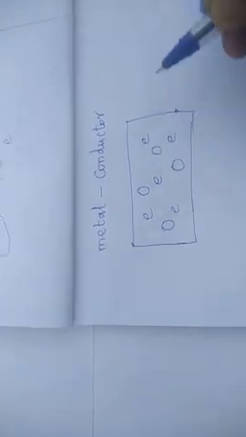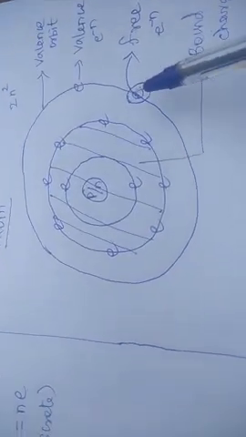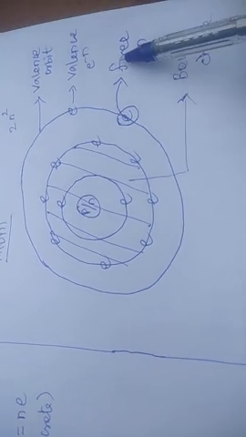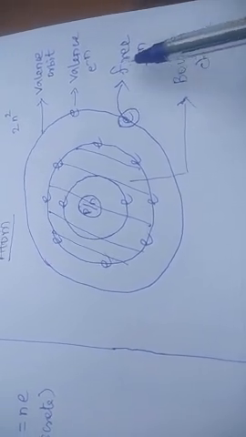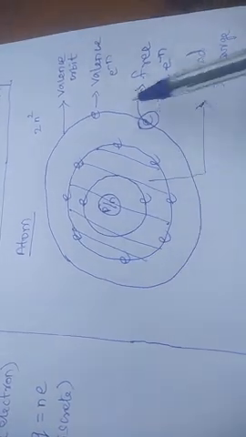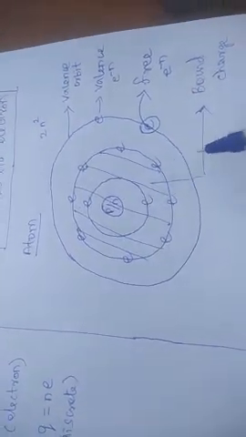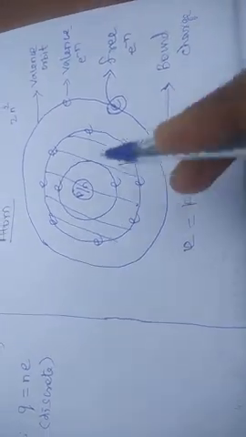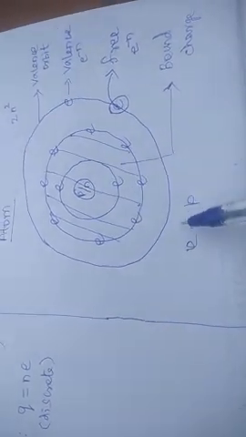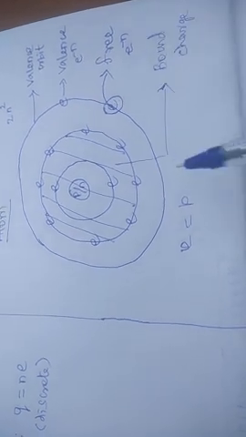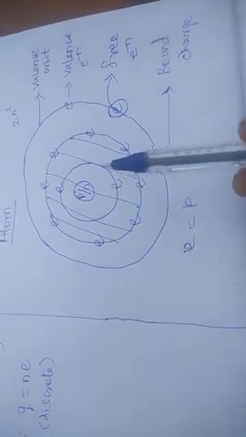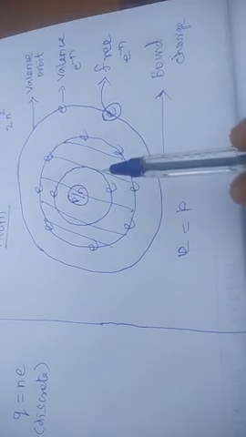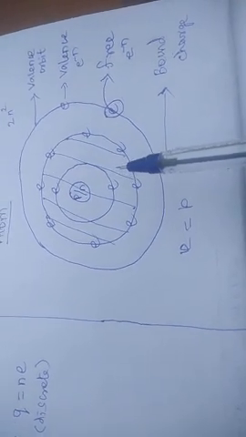As we said earlier, the electron present in the outermost orbit comes out from the atom and is called a free electron, and the atom becomes a positive ion, because the number of electrons and the number of protons is always equal in the atom to maintain stability. When one electron comes out, the number of protons in this atom becomes more. So this atom becomes a positive ion. Hence here the atoms are represented as positive ions.